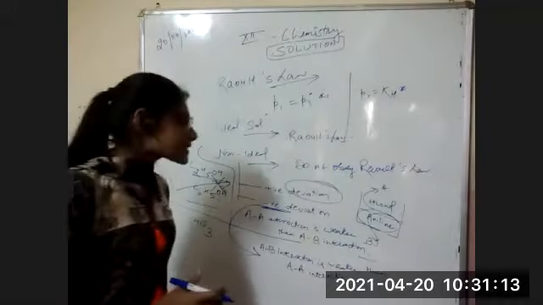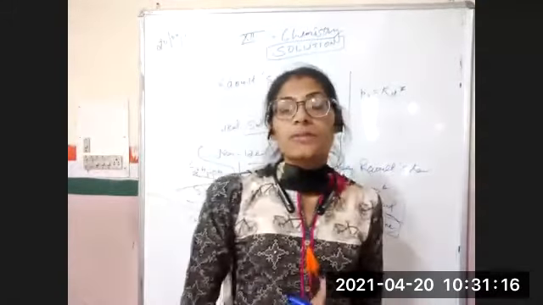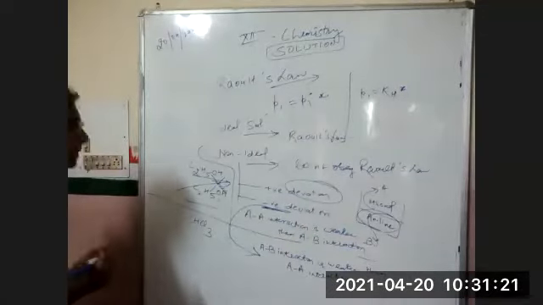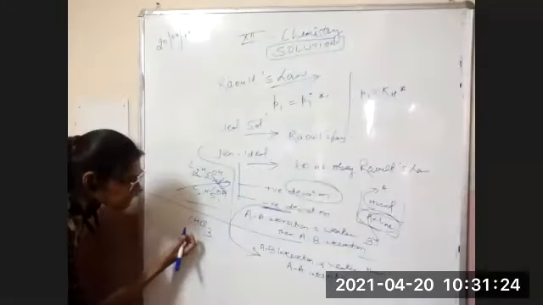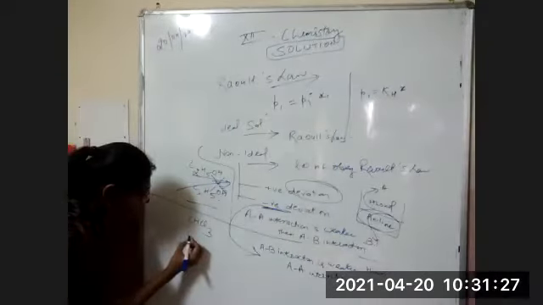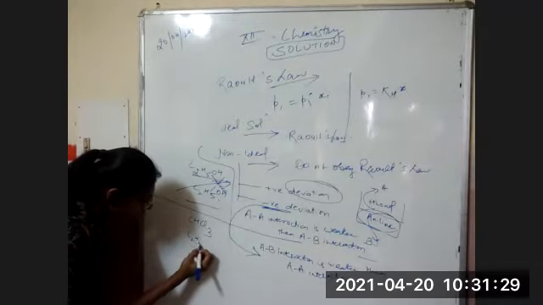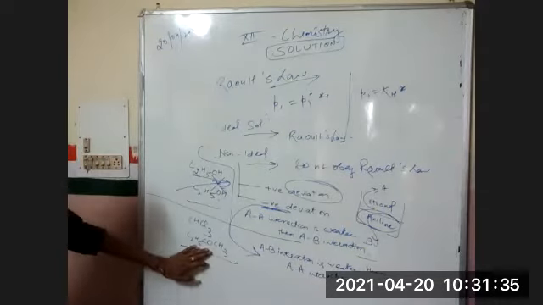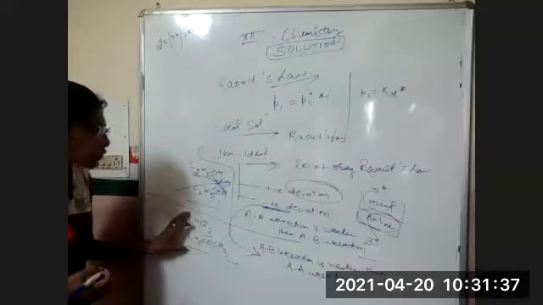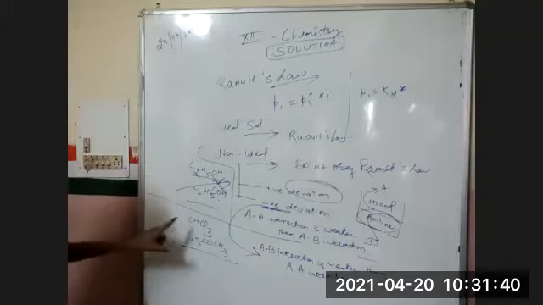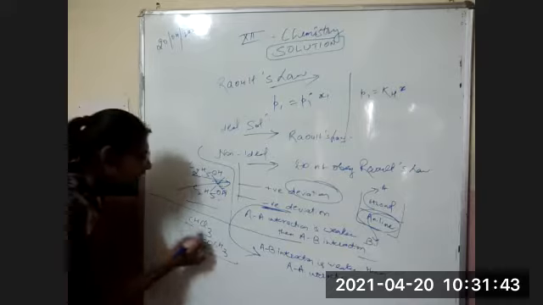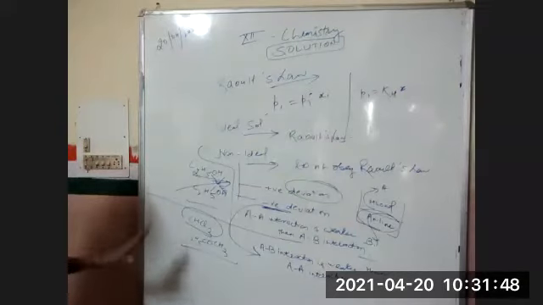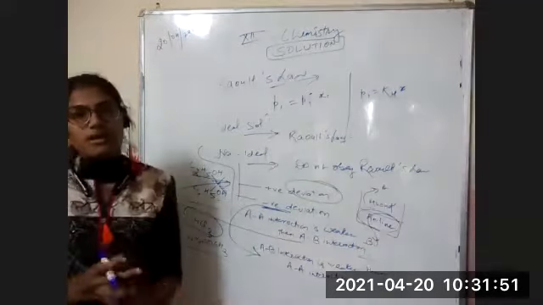Now, in CHCl3, we are putting further acetone. Acetone's formula is this one. That means we have a ketone. In acetone and chloroform, when we mix them together, their interaction must be weaker than only chloroform-chloroform interaction. All right, so this kind of deviation is known as non-ideal solution with negative deviation.